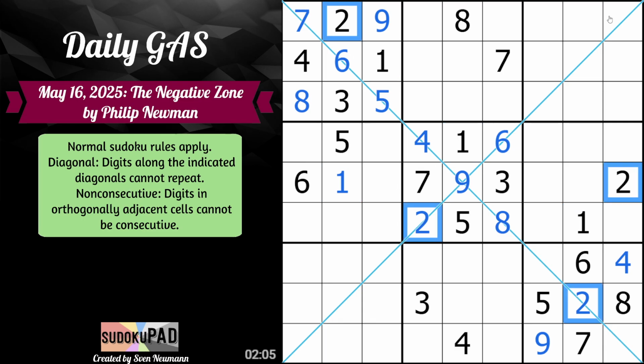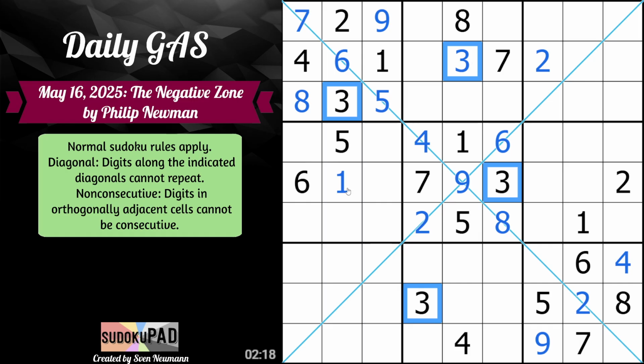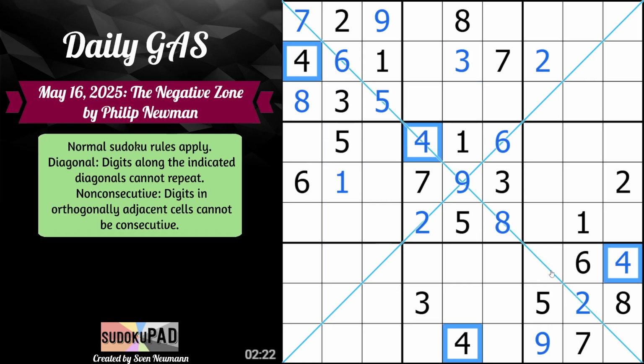2's. And then 2 can't go on the diagonal again, so 2 goes there. Otherwise, 3's. 3 goes there, kind of like the 1. Is this kind of a symmetric thing? Let's see the 4's, because the 4 is already on the diagonal. No, because it's already accounted for in that box there.